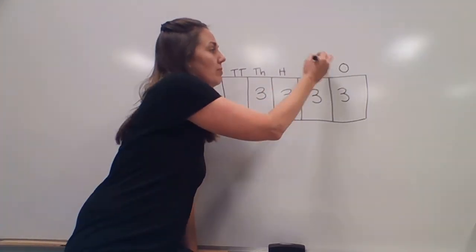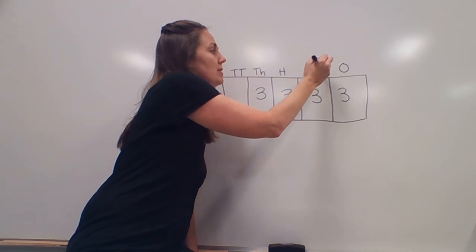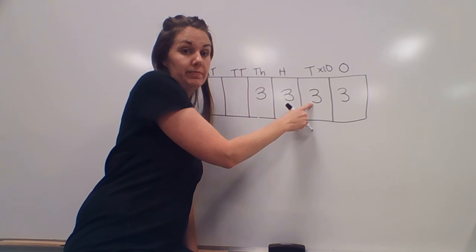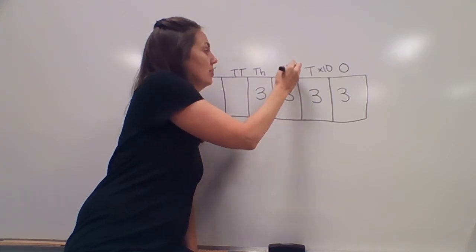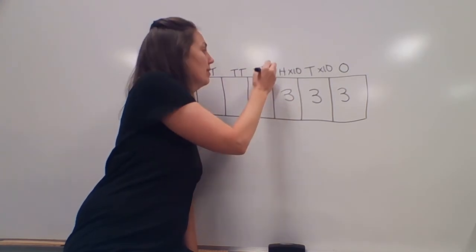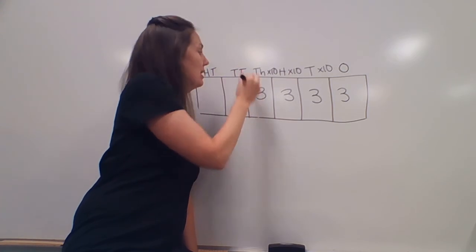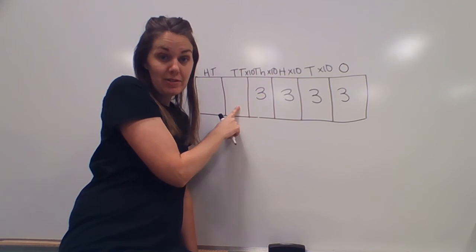So 10 ones, we multiplied 1 by 10, we would get our tens. If we multiply our tens by 10, we get 100. If we multiply our hundreds by 10, we get our thousands. We multiply our thousands by 10, we get 10,000.